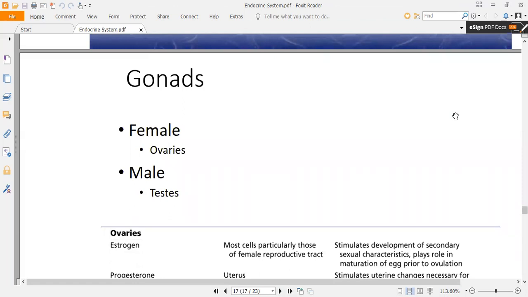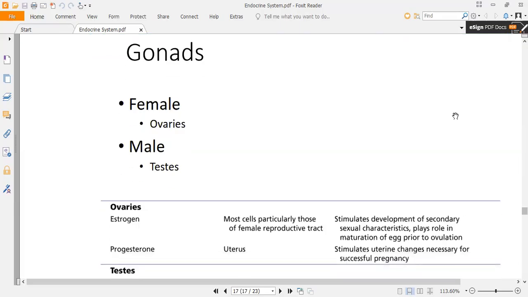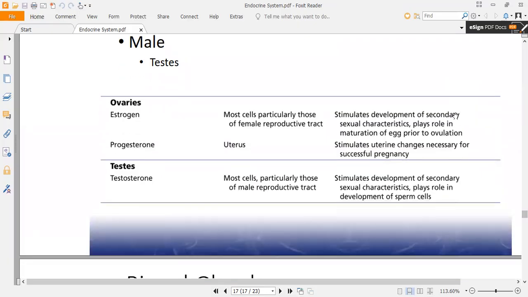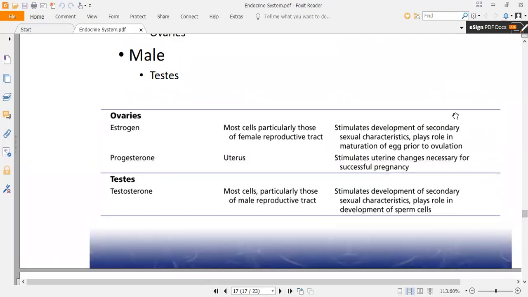Now the gonads: we have the female ovaries and male testes, which are also able to produce certain substances. Ovaries are able to produce estrogen and progesterone, while testes are able to produce testosterone. What's the function of estrogen?